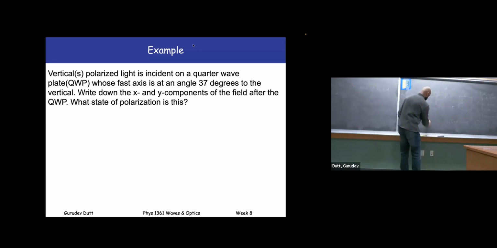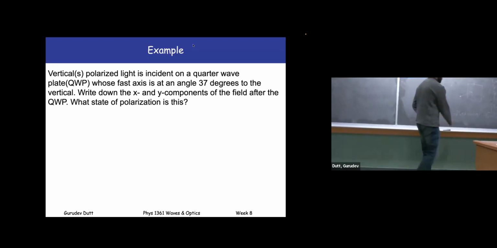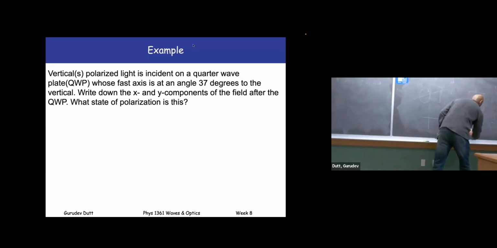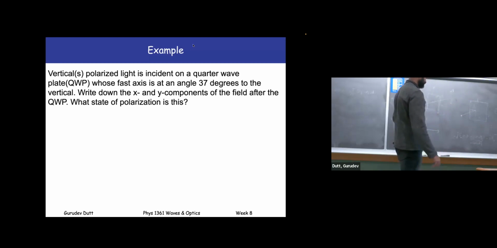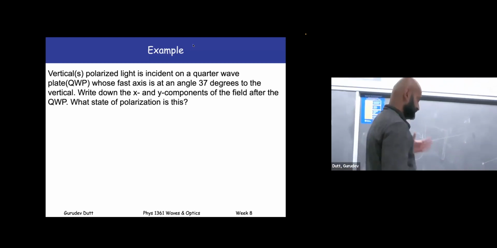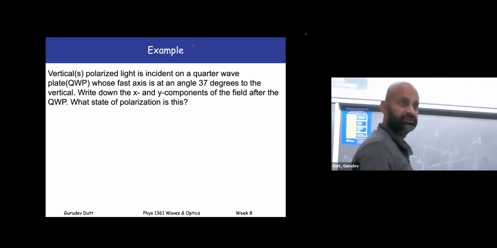So this term here is minus sine. There's a minus sign, but that's unimportant because it just means that we chose our time origin wrong. So we don't care about the overall minus sign.